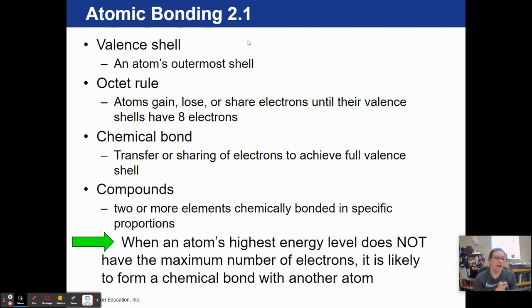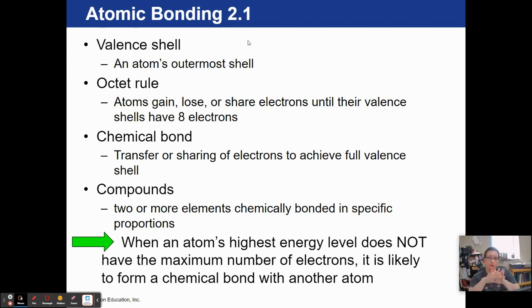So we talked about how the atoms that have an extra electron or not enough electrons in the outer shell or outer layer of their cloud are looking for a partner to be stable.